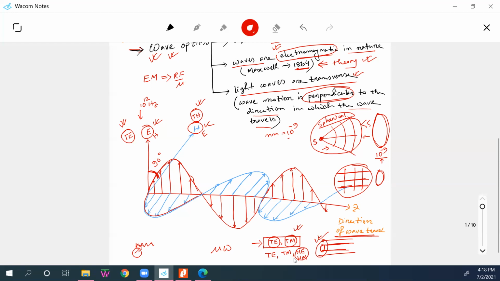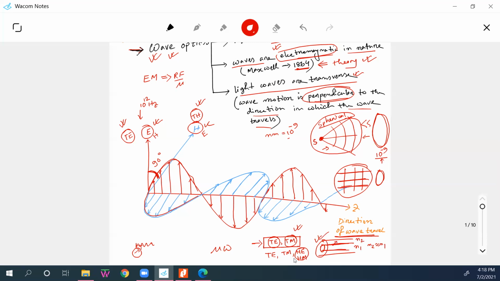You see, the refractive indices N1 and N2 of core and cladding are very close to each other. That's why light does not stay in one place.